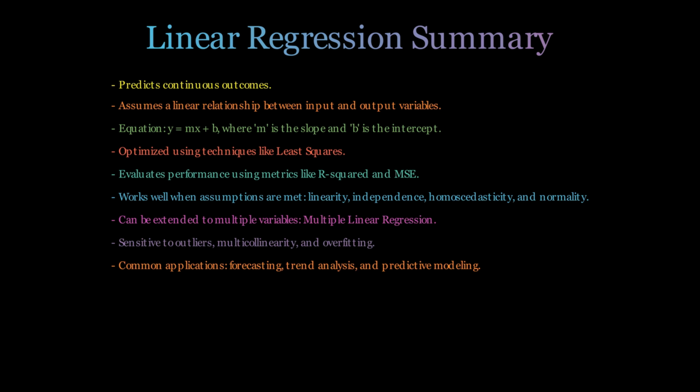Linear regression works well when assumptions like linearity, independence, homoscedasticity, and normality are met. It can be extended to multiple variables in the form of multiple linear regression, allowing it to capture more complex relationships.